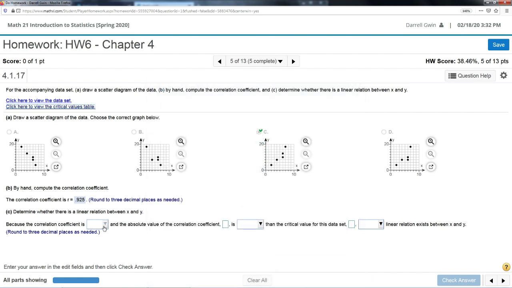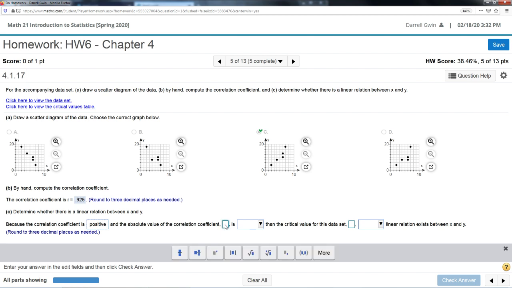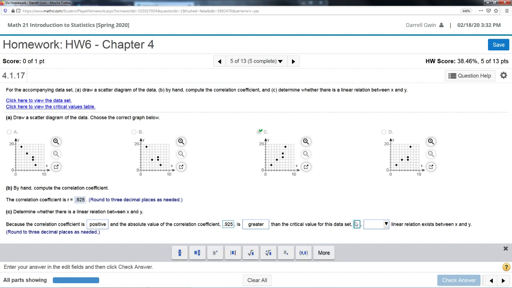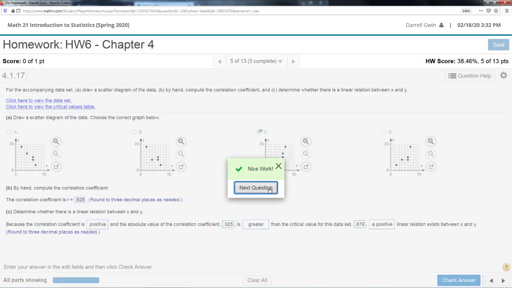Because the correlation coefficient is positive, the absolute value of the correlation coefficient, 0.925, is greater than the critical value, 0.878. A positive linear correlation, because it's a positive slope. Check answer. Yay!